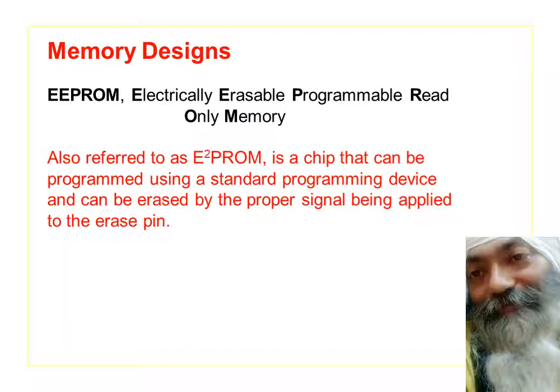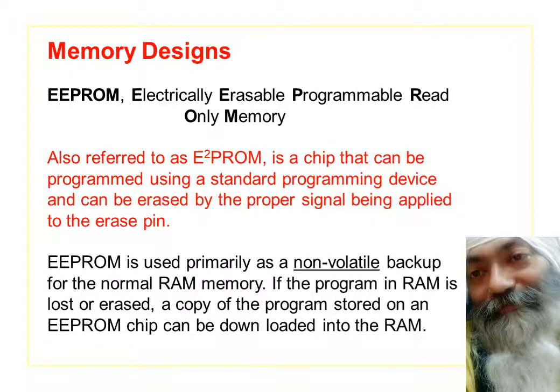It can be written electrically, it can be read electrically, and when the backup power is removed, it doesn't get erased automatically. You have to apply a special signal to erase it. So this chip can be programmed using a standard programming device and can be erased by a proper signal that is applied to a special pin, which is called the erase pin.